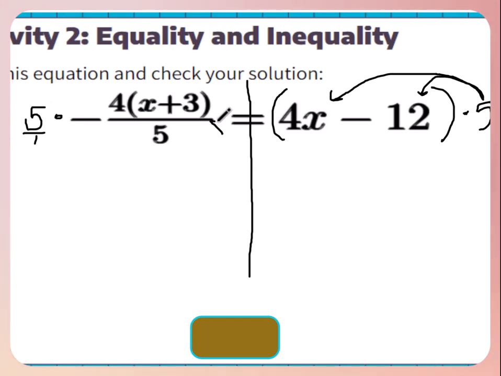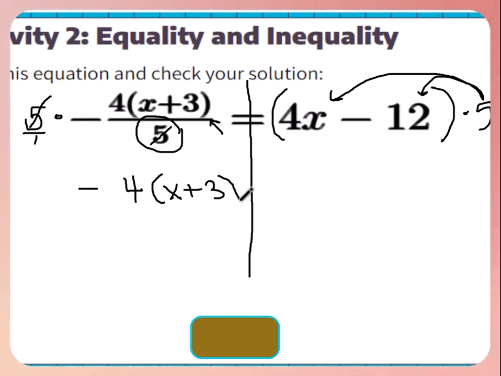When we have something in the denominator, it's always dividing by that number. So to undo the division, we're going to multiply. So that's going to cross out. We're going to have 5 over 5, which is just 1. So bring down the negative, don't lose the negative, and the 4 times x plus 3.